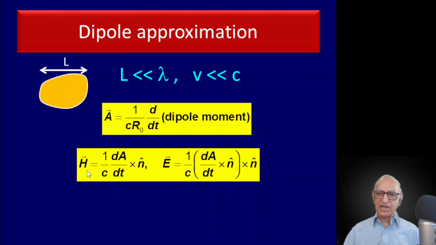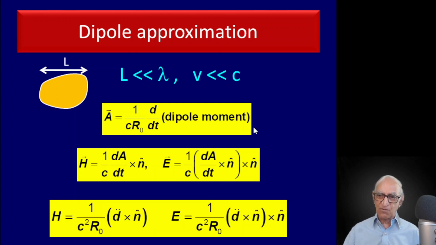And since the magnetic field and the electric field are given by dA by dt, and the vector potential itself is d by dt of the dipole moment, the magnetic field and the electric field will be proportional to the second time derivative of the dipole moment, d squared dipole moment divided by dt squared.